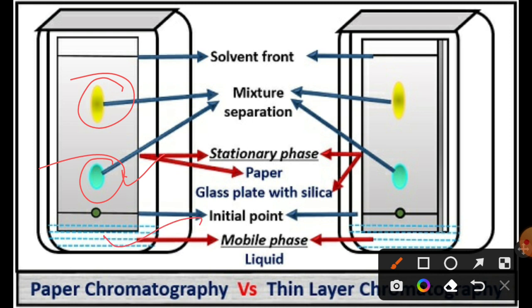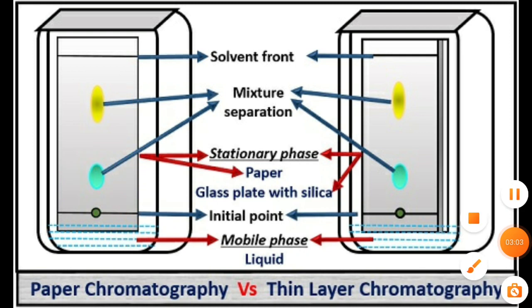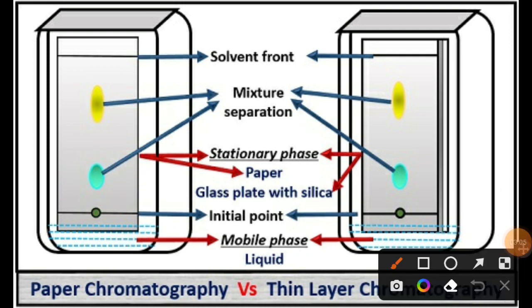This is your mobile phase. This mobile phase will undergo capillary action, and this capillary action will cause the rising of the mobile phase through the paper. During this rising it will also force the sample to rise up the paper. So it is obvious that the mobile phase will move farther than our substance.